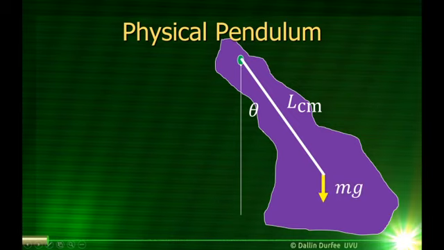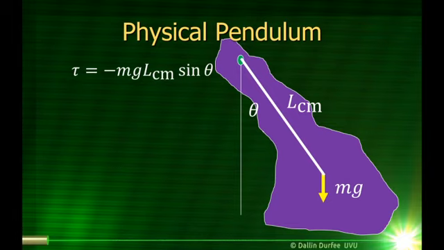And so if we look for torques about this pivot point, the pivot won't provide any torque because its lever arm is 0. So the only torque will be caused by gravity, which acts at the center of mass of our object. So the lever arm for the torque is just the distance from the pivot to the center of mass of our physical pendulum, of our object.